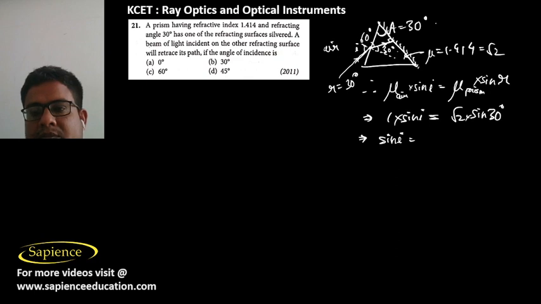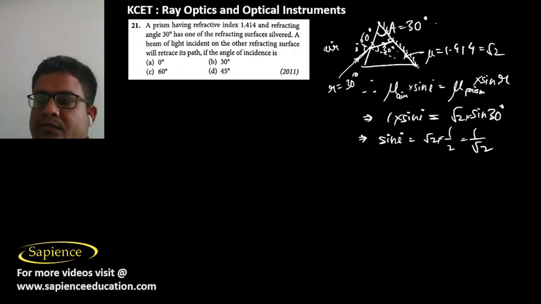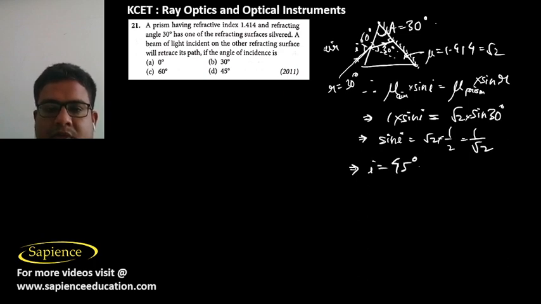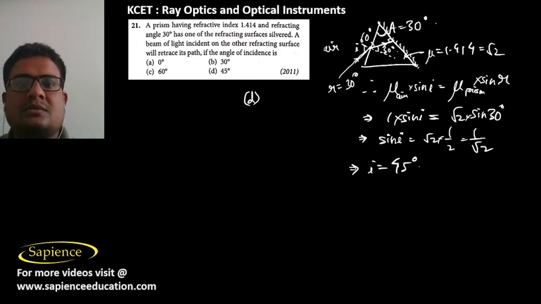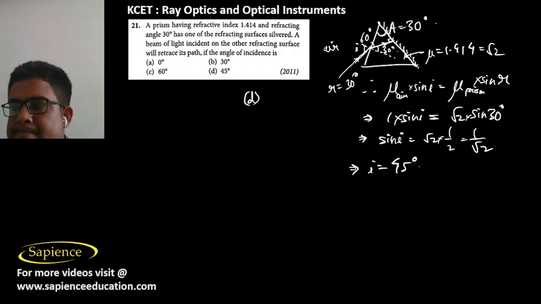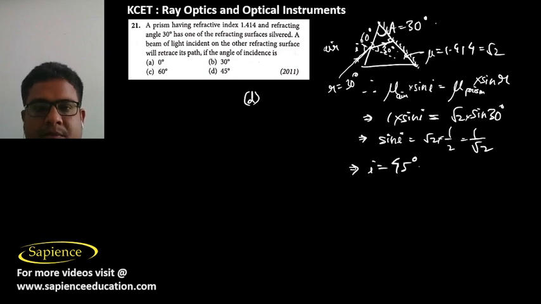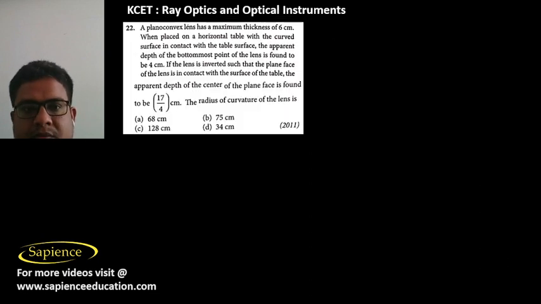Sin i is root 2 into 1 by 2, which is equal to 1 by root 2. So i is equal to 45 degree. So option D is the correct answer.